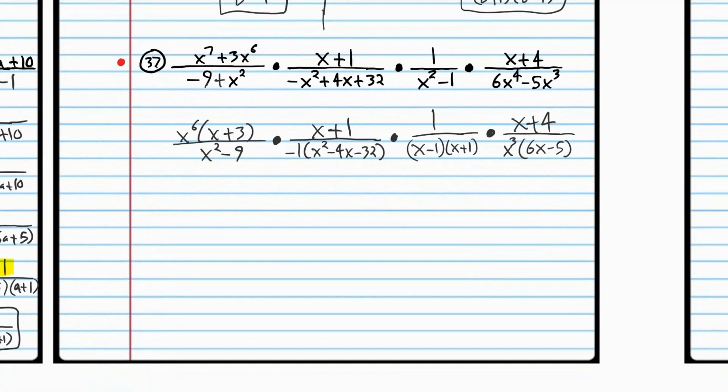All right, so now we just have to continue to factor. We have the difference of two squares. Then we have a quadratic.